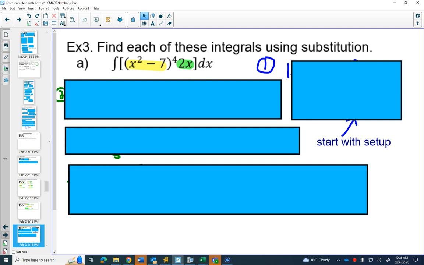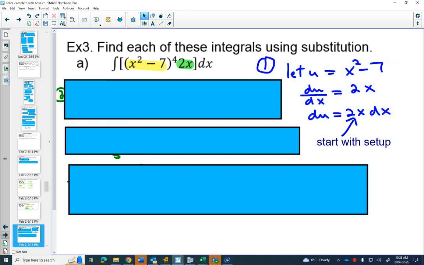So here we have the integral of (x squared minus 7) to the 4 times 2x. We recognize a function inside of another function, and its derivative is present. So in our setup, we let u equal that inside function.